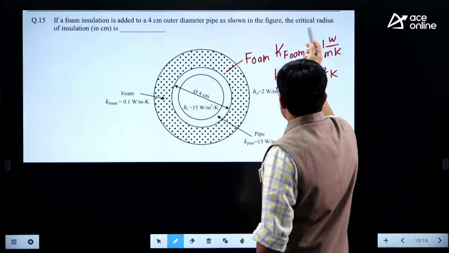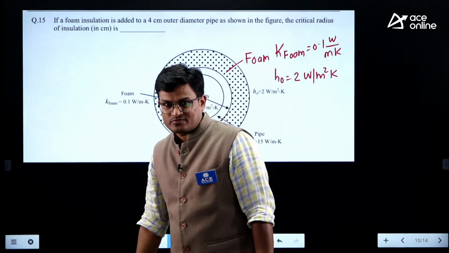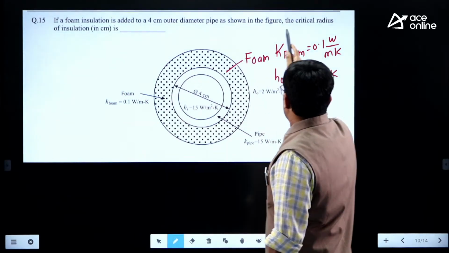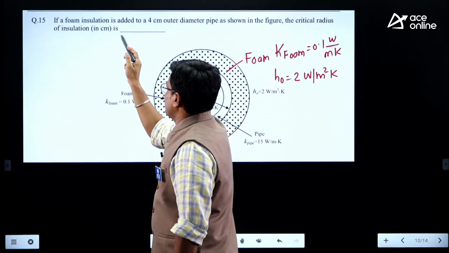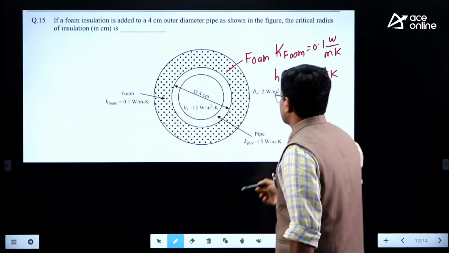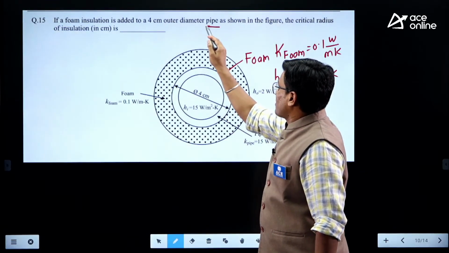What did he ask? The critical radius of insulation in centimeter. Simple. Make sure that it is the direct formula, because it is a pipe. So what is the formula?